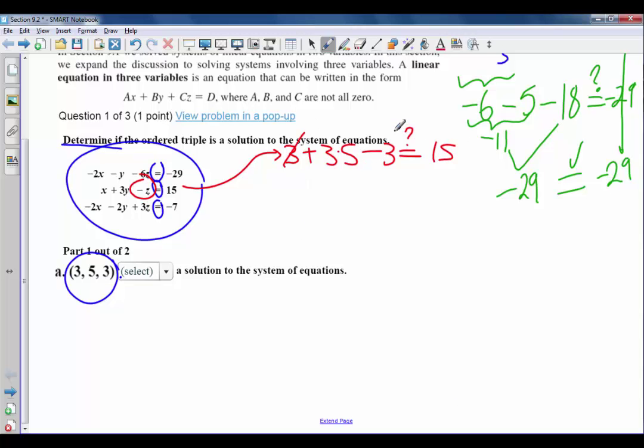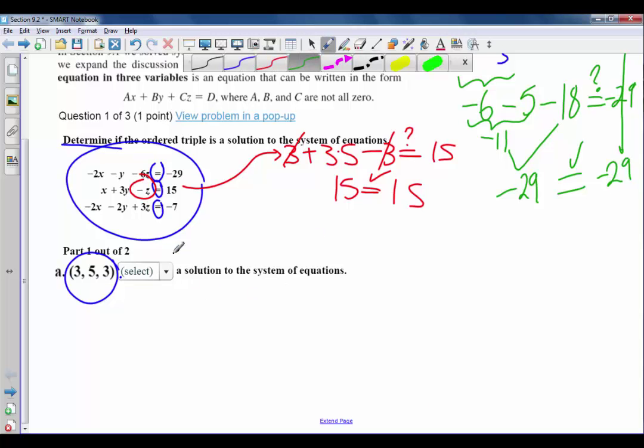Yeah, these two are canceling. You see plus 3, minus 3, right? And 3 times 5 is 15, since first or second grade. When did you guys learn it? Second grade? So, let's go. We're good with this. Now I'm 95% sure this is a solution. Now we need to be 100% sure.